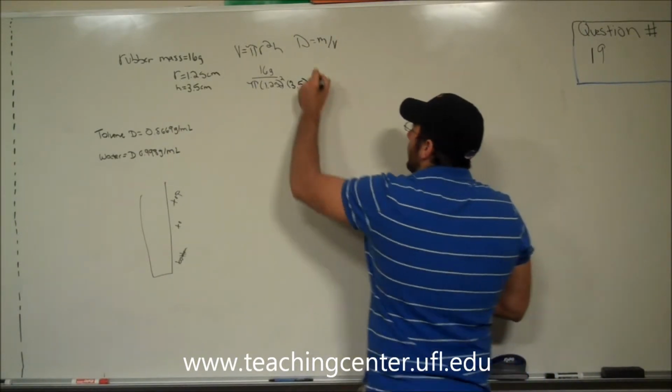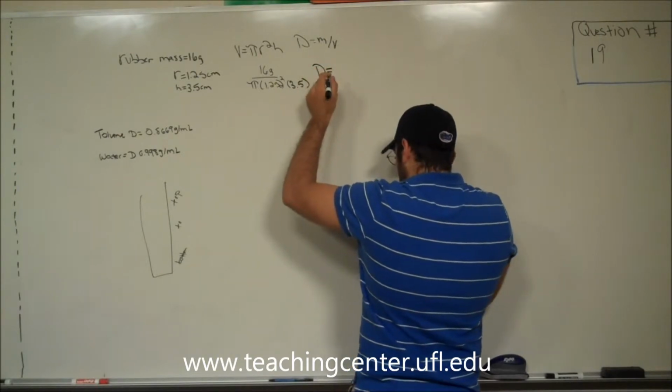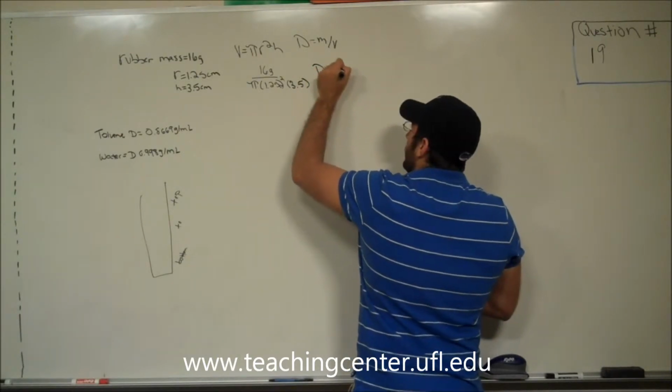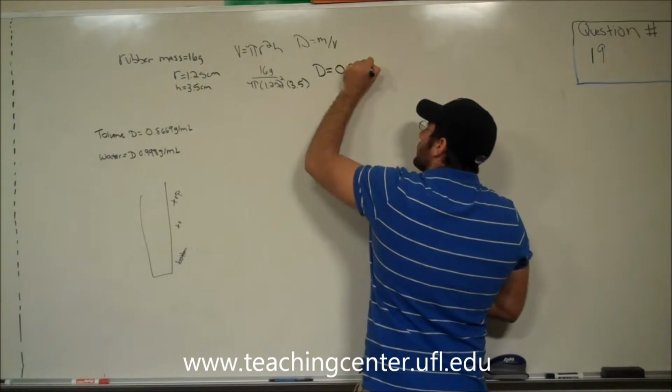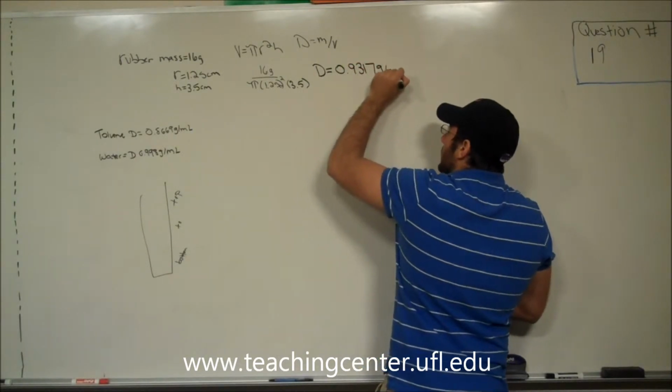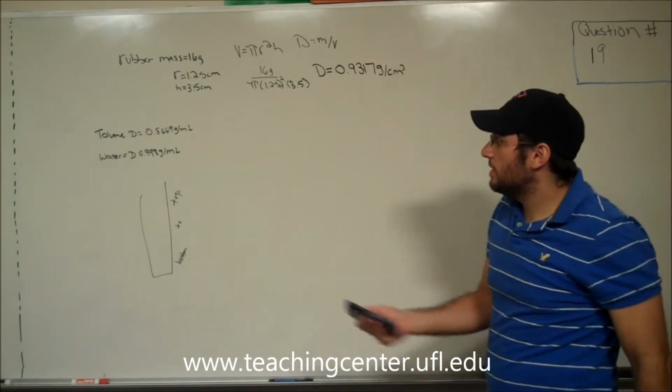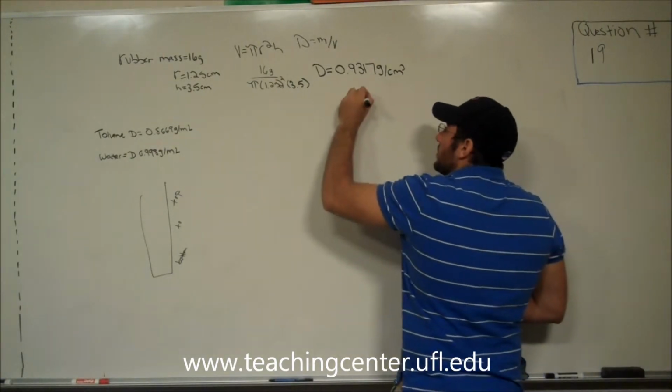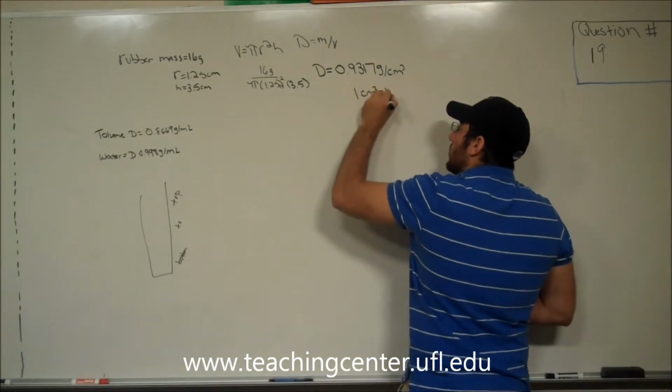So the density of rubber I got is equal to 0.9317 grams per cubic centimeter.